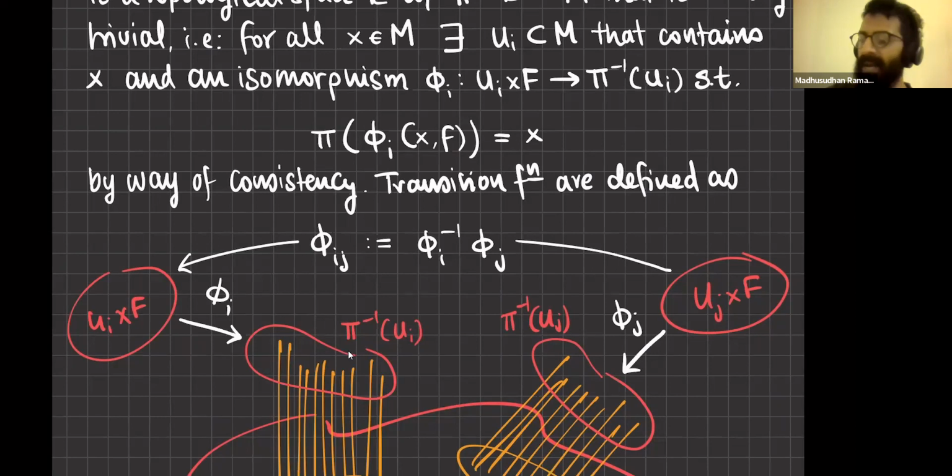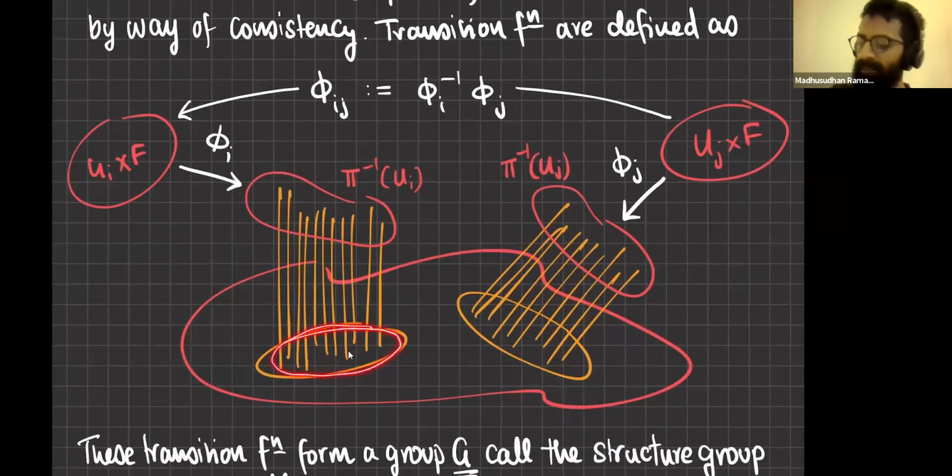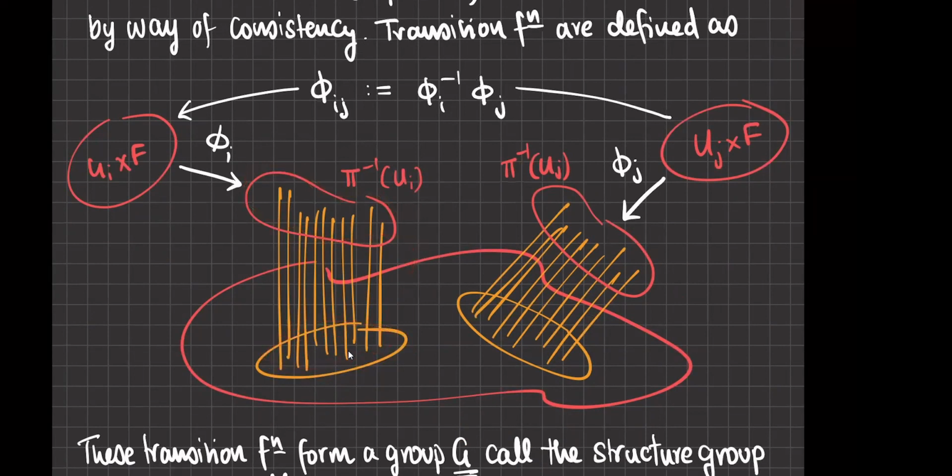So when I say pi inverse UI, what I mean is I take some small coordinate patch on the base manifold, and I look at all of the points that under pi would fall into this guy over here. So this is really what pi inverse UI is. So it can be any point, it may not necessarily be on the fiber, like when we act phi I on some point xf.